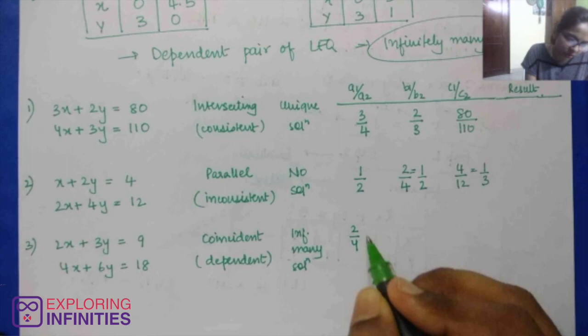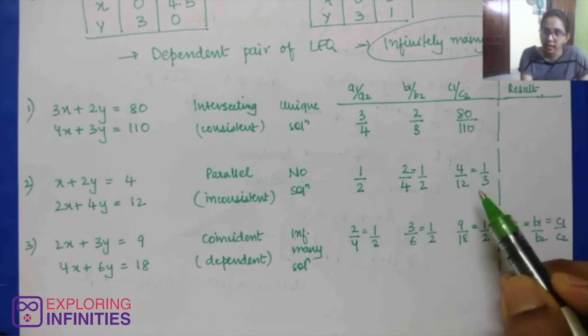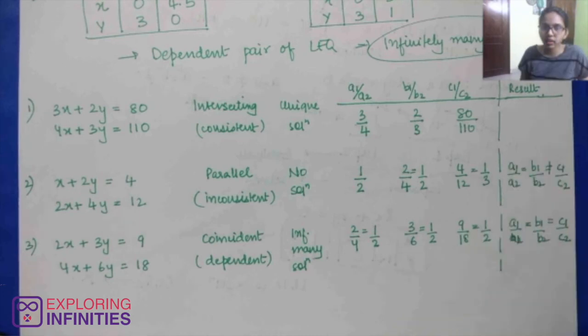So I got a conclusion that for a1 upon a2, b1 upon b2 and c1 upon c2, the ratios were equal to each other. In the second case, my a1 upon a2 was equal to b1 upon b2, but it was not equal to c1 upon c2. So I got a conclusion here also. But in the first case, none of the ratios were equal to each other.